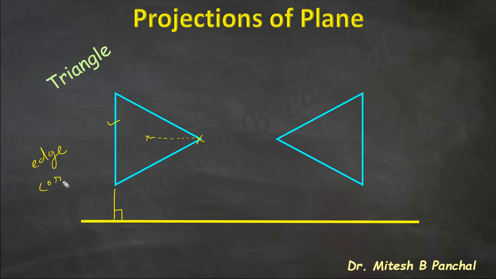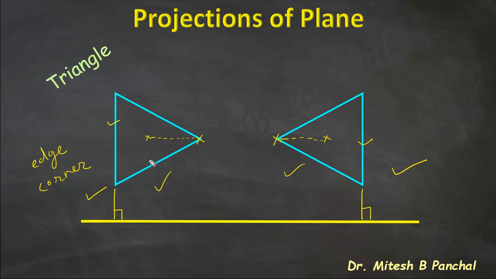So for the corner also, whether the plane is resting on an edge or on a corner, we can have the orientation of the triangular plane like this. We can also consider this orientation for both cases. If you consider this particular edge, then that edge is perpendicular to xy. If you consider this particular corner, then the line joining the corner and center of the plane is parallel to xy.